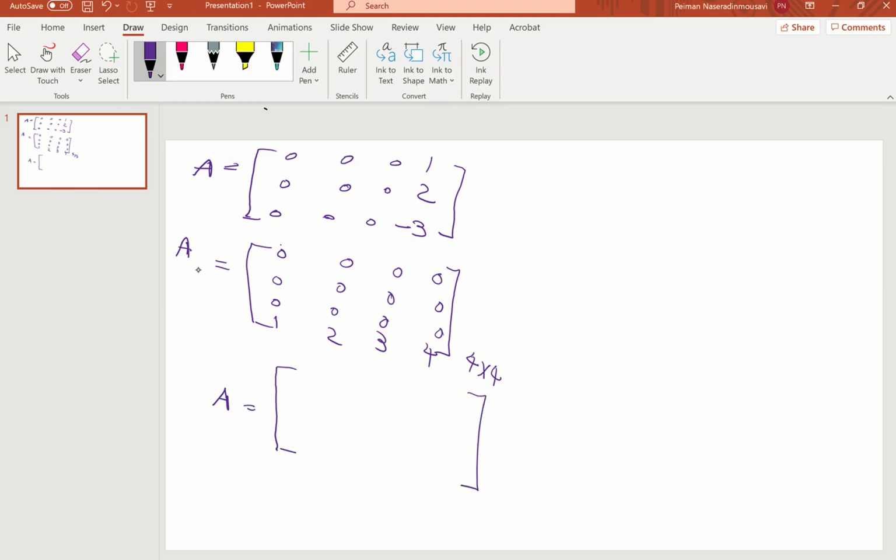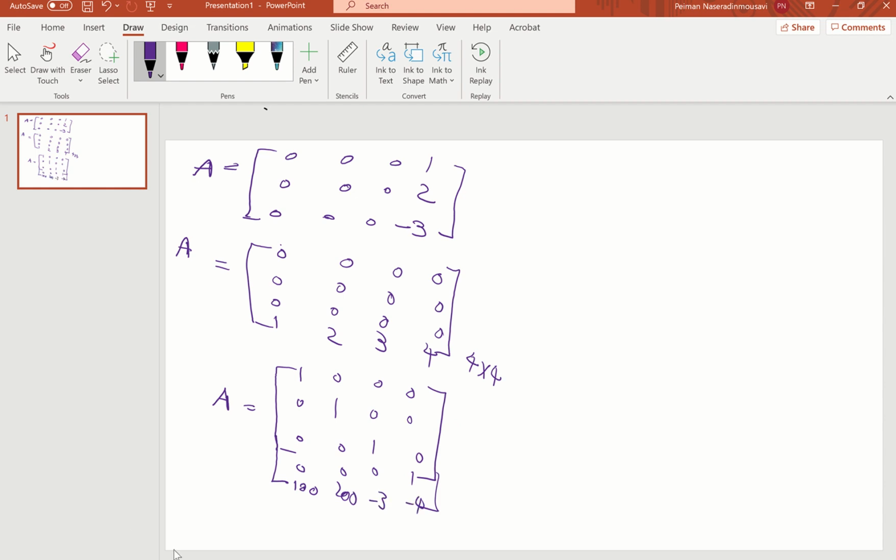Another one, let me tell you this, because I taught you this. Suppose that you have such a matrix: 1 0 0 0, 0 1 0 0, 0 0 1 0, 0 0 0 1, let me make it 4 by 4, and here the last row is 100, 200, minus 3, minus 4.